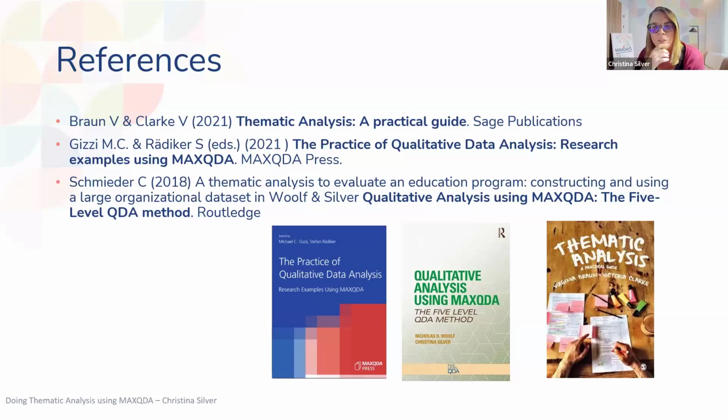I see lots of MAXQDA projects with fairly descriptive code names, but if you're doing a thematic analysis, you want the labels to be quite analytical, quite interpretive, because that's better at capturing the breadth of the data, if that makes sense. Communicating how your themes occur in the data is a lot to do with the labeling and the definitions.